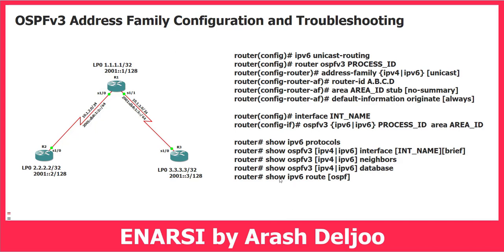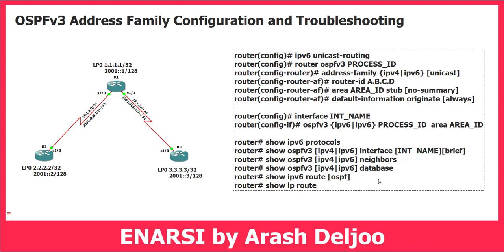After that, we should use show IPv6 route OSPF for the information received from OSPFv3, or you can use show IP route OSPFv3. It means the IPv4 routes we have learned from OSPF version 3, okay?